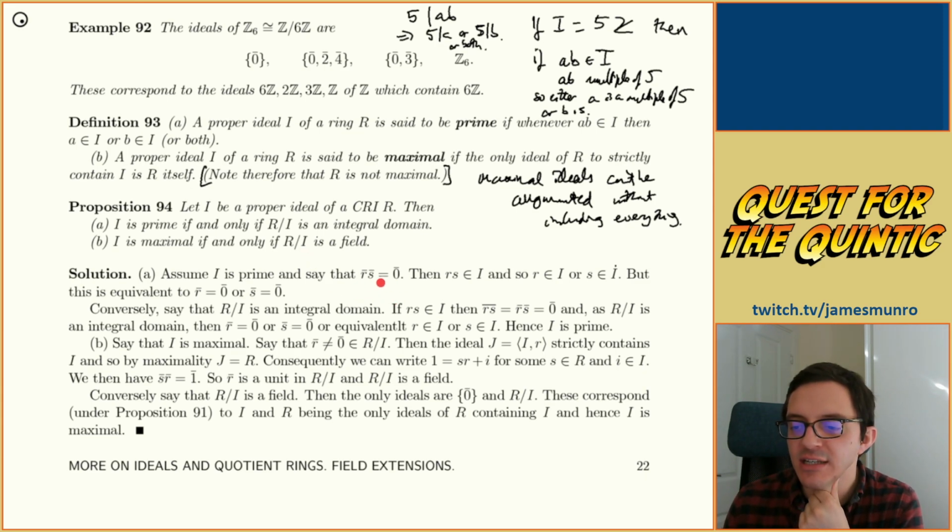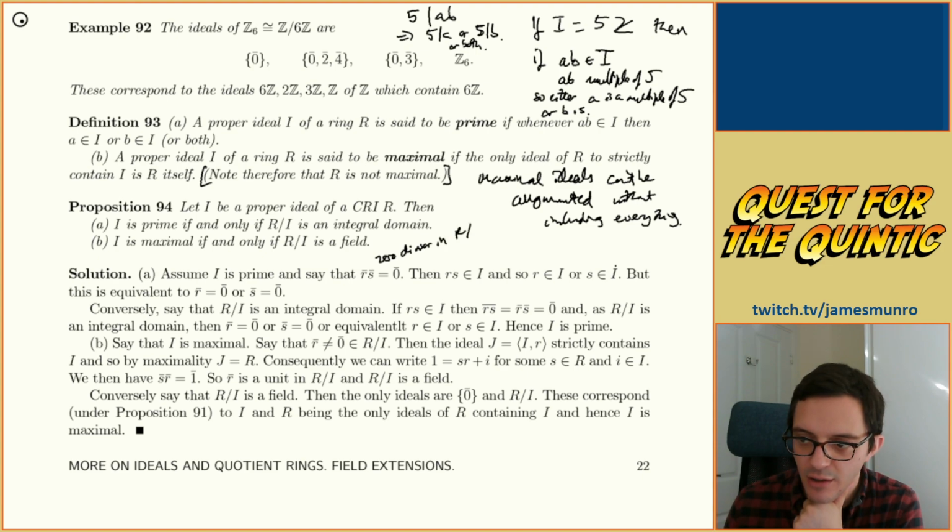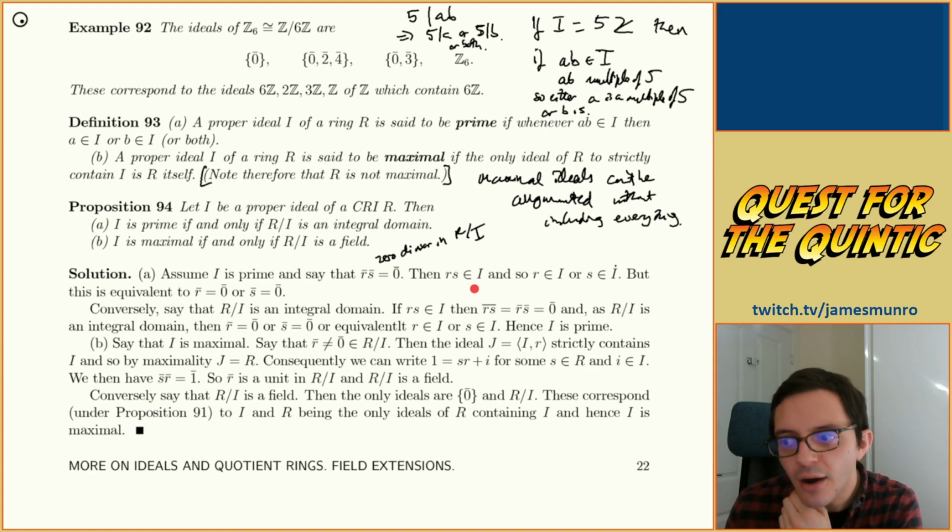Suppose that these things multiply to give 0. So this is what it would mean for a 0 divisor in R quotient I. These are elements of R quotient I. This is the 0 in R quotient I. Right, and then consequences. RS is in I. Why is RS in I?